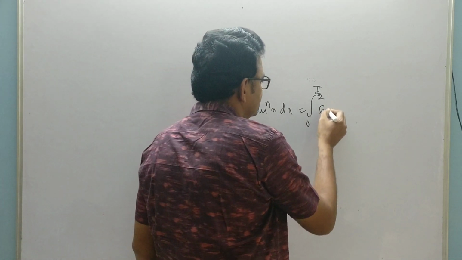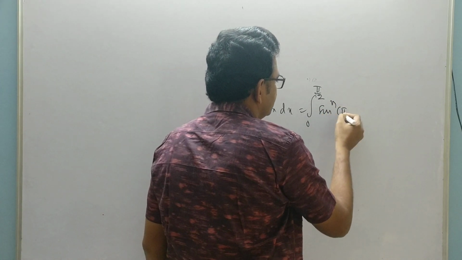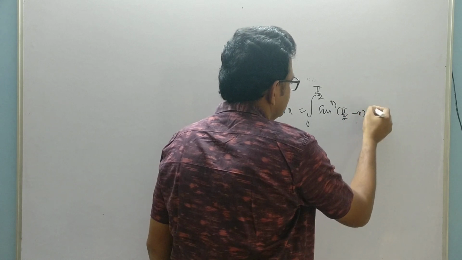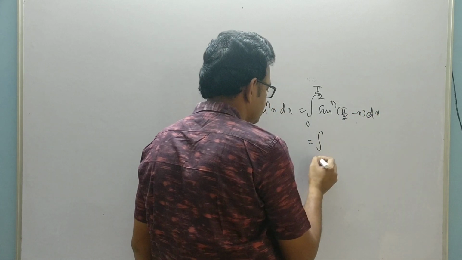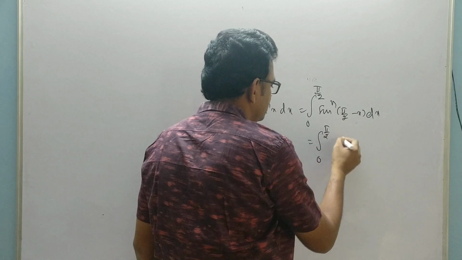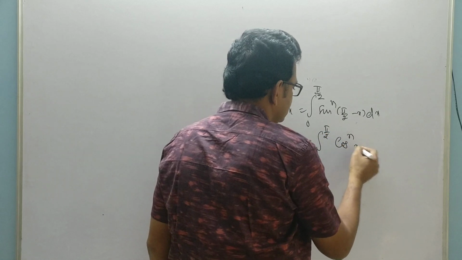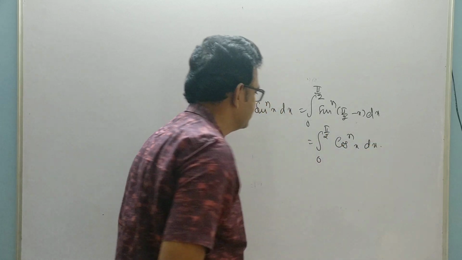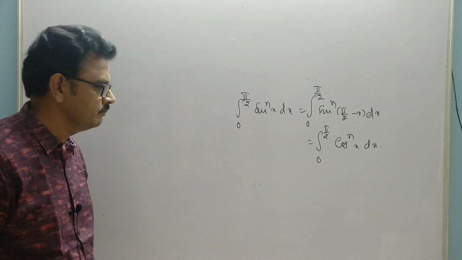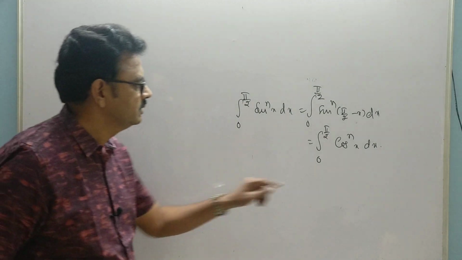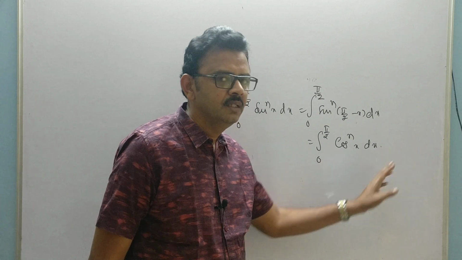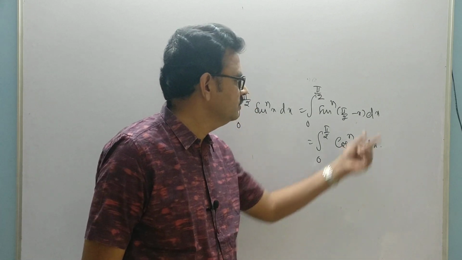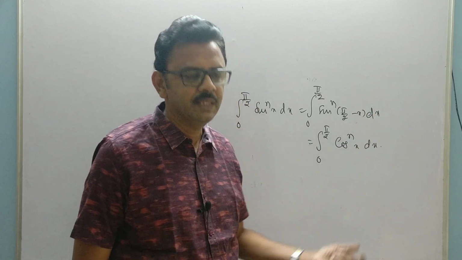This is integral 0 to pi by 2 of cos power nx dx. So both have the same expansion, whether n is an even number or an odd number.